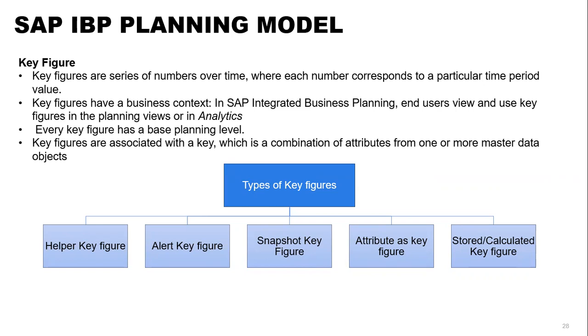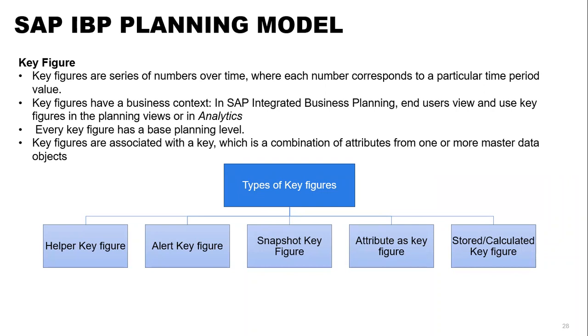The sales history, whatever the sales data is there for the respective product and the respective location, we have taken in one key figure, and we can upload or key in those values for the respective key figure. Now corrected sales history, right? It involves manipulating or doing some math calculations on the sales history key figure.